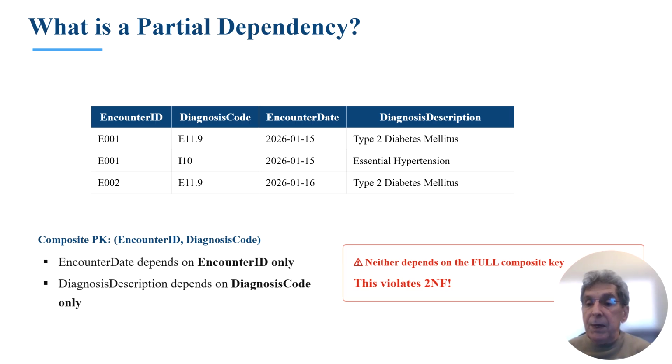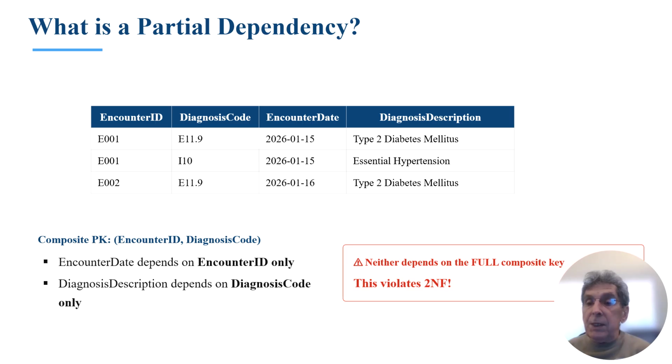The encounter date depends on part of the key. Diagnosis description depends only on the diagnosis code. The description type 2 diabetes mellitus is determined entirely by code E11.9. It doesn't matter which encounter you're looking at. E11.9 always means diabetes, another partial dependency. Notice the redundancy this creates.